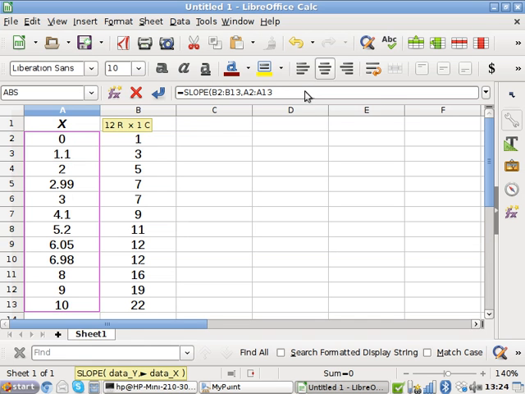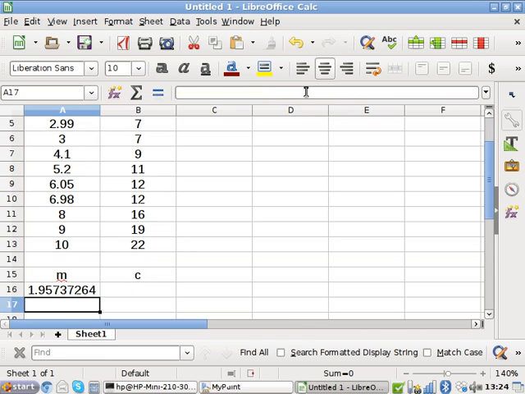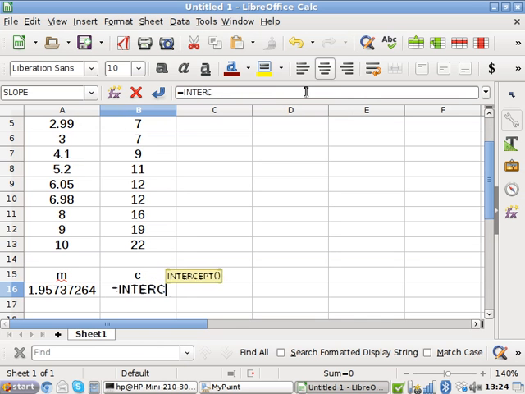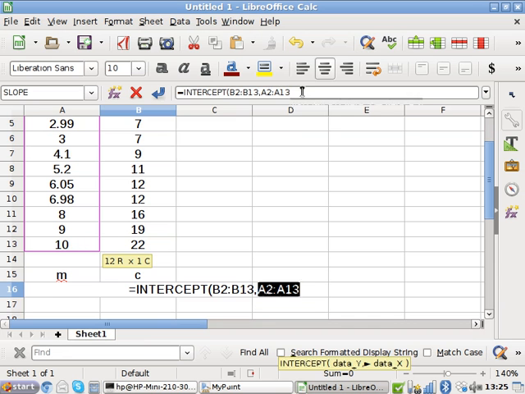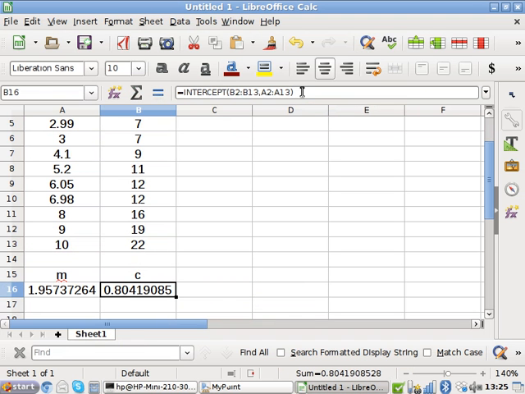And then we close. And Excel has given us the m now. So the slope of the line is this. Have a guess at what the function is to calculate the c. Intercept. You are correct. INTERCEPT, and what do we highlight first? The y's, comma, and then we highlight the x's. Close. And now I have the c.